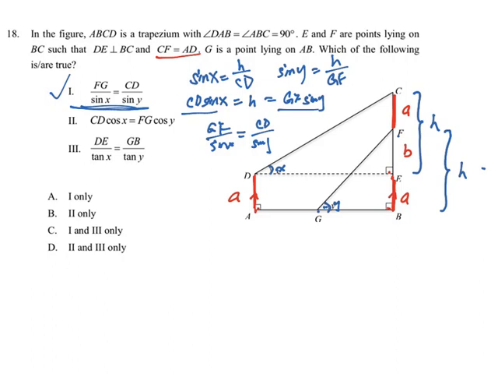Next, we look at cosine. For cosine, we look at x first. Cosine is adjacent over hypotenuse. So cosine x is DE over DC, and for cosine y, adjacent is GB over GF.